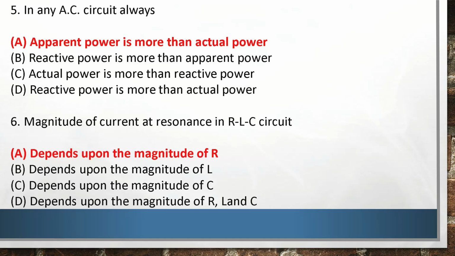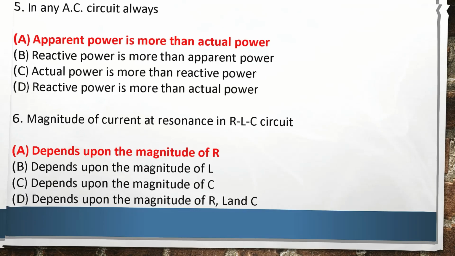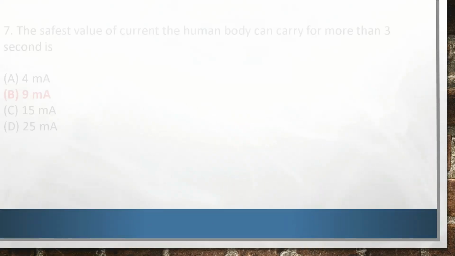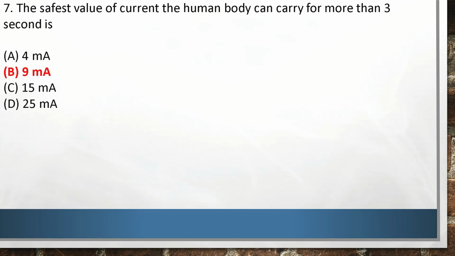Sixth, magnitude of current at resonance in RL circuit, A depend upon the magnitude of R, B depend upon the magnitude of L, C depend upon the magnitude of C, D depend upon the magnitude of R, L and C, and the answer is A depend upon the magnitude of R. Moving to seventh one, which is the safest value of current the human body can carry for more than 3 seconds is, and the option is A 4 mA, B 9 mA, C 15 mA, D 25 mA, and the answer is B 9 mA.